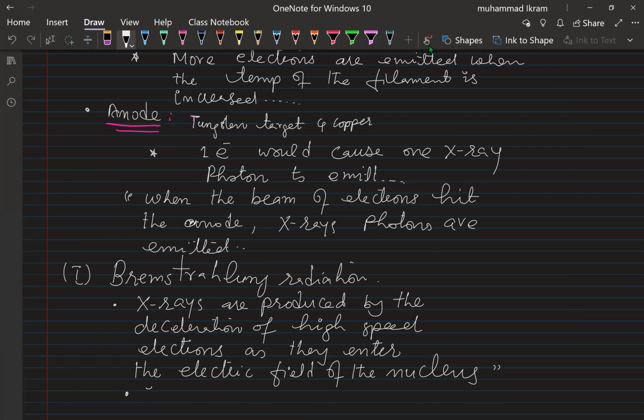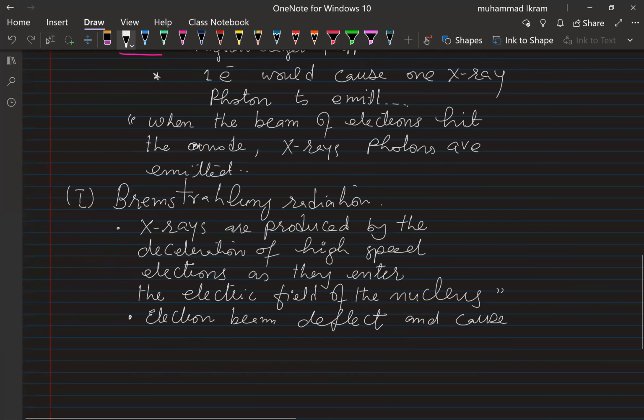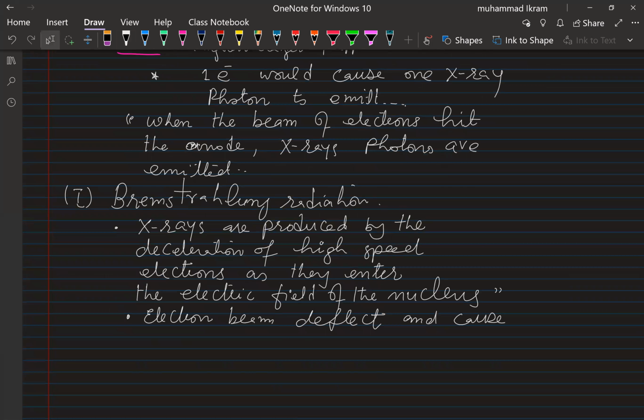The electron beam is deflected and causes the emission of X-rays.